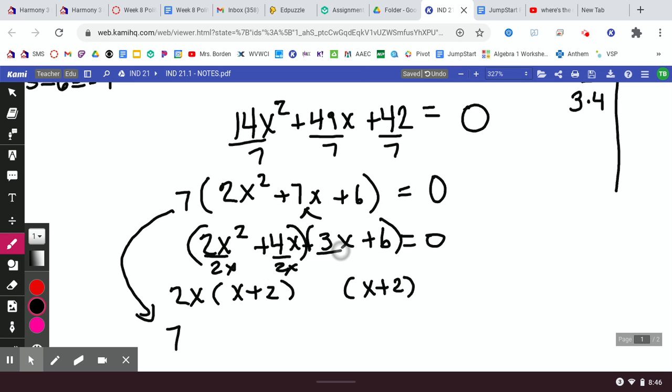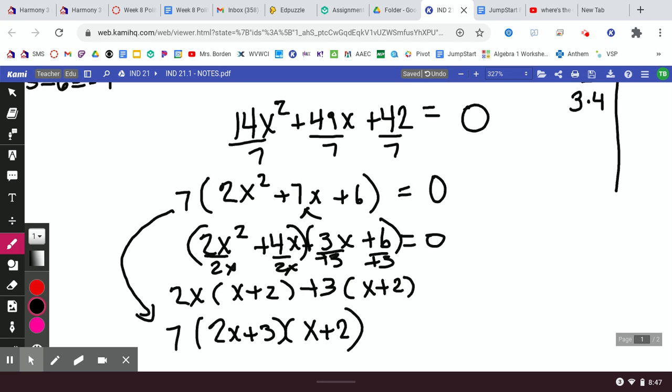So what would I factor out of this second one? Plus 3, right? Make sure you bring your sign with it. I'm bringing out a plus 3. So plus 3. And now, even with my 7 here, I'm just going to do what I would normally do. I'm going to put my 2x plus 3 and my x plus 2, right?